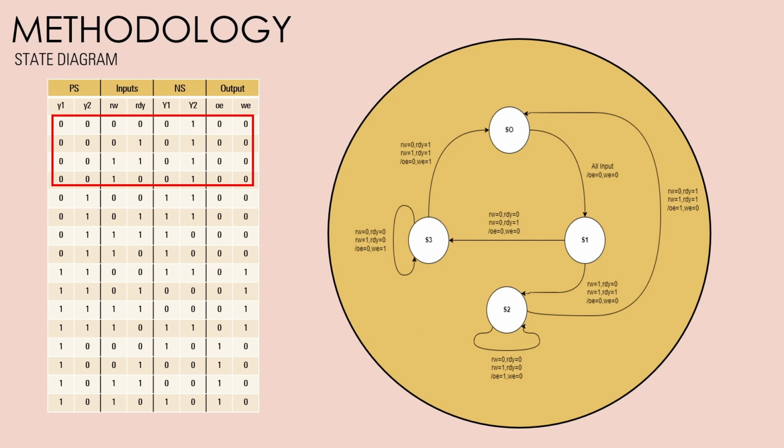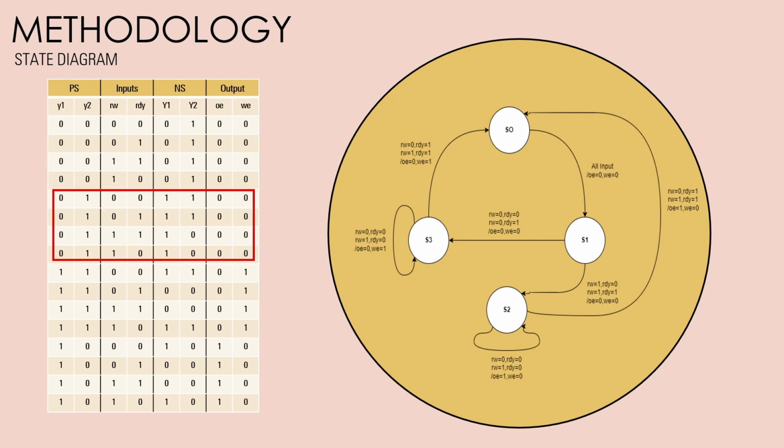For S0, with disregard to all inputs, the next state will always be S1 and no output. And for S1, for inputs 0,0 and 0,1, the next state is S3 and no output. For 1,1 and 1,0, the next state is S2 with no output.